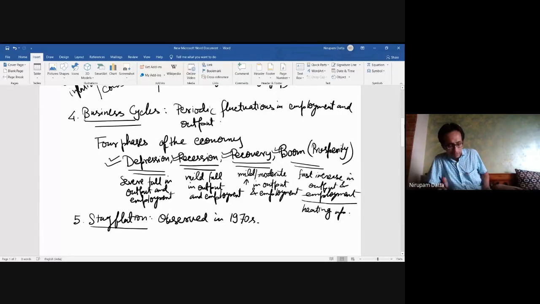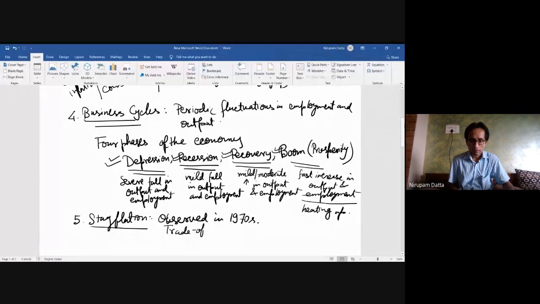Stagflation basically means that we usually know in economics that there is a trade-off between inflation and employment.